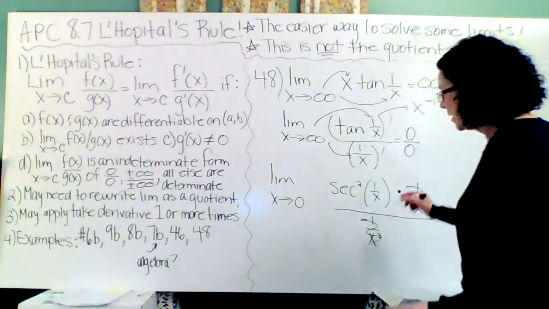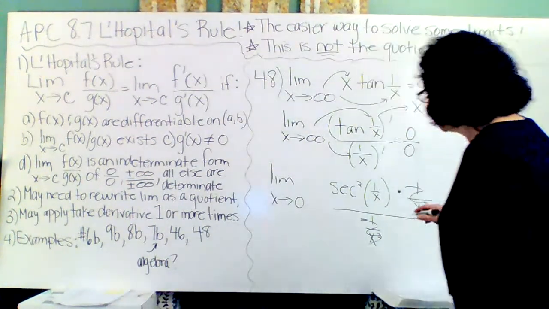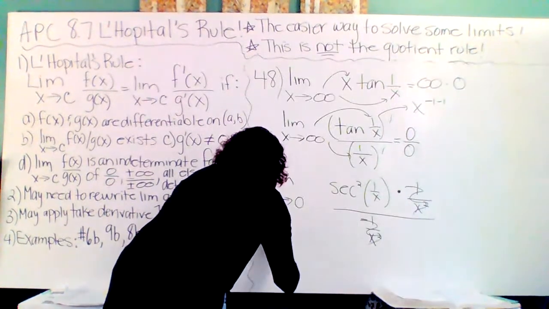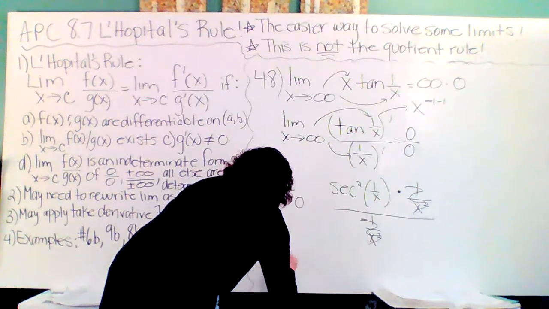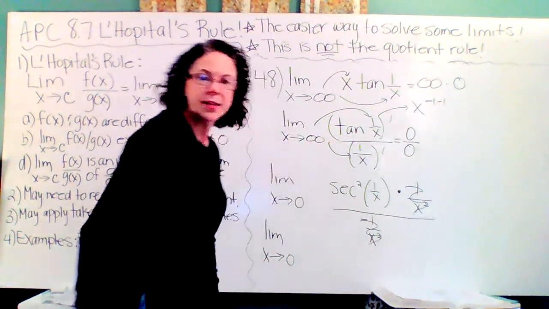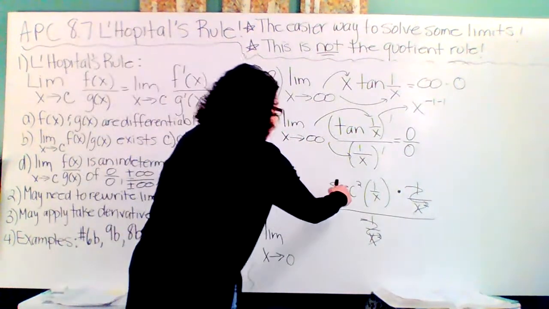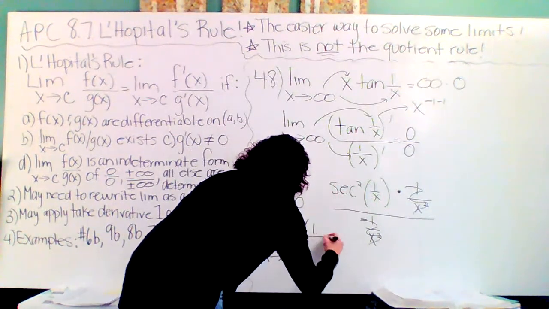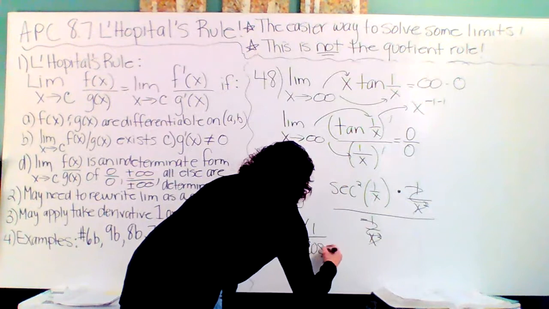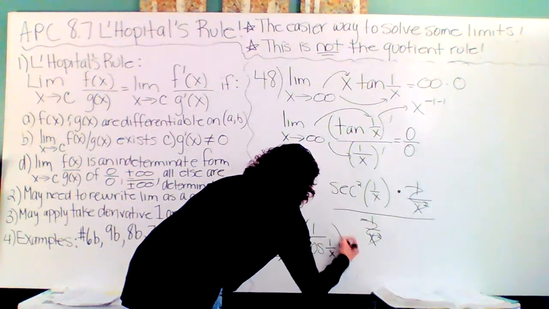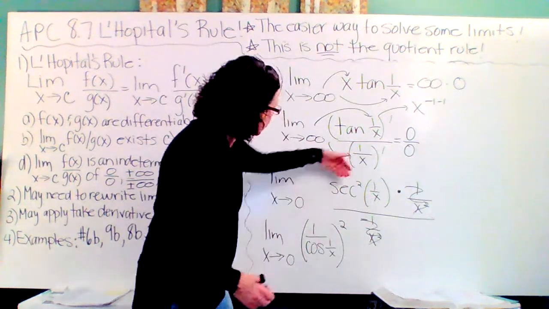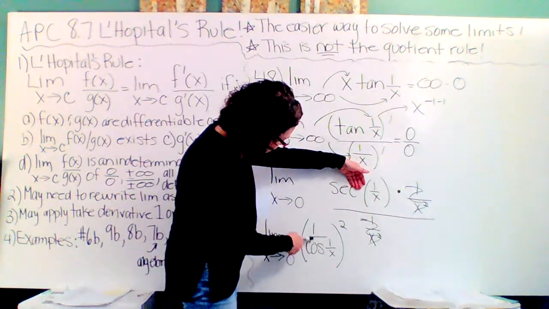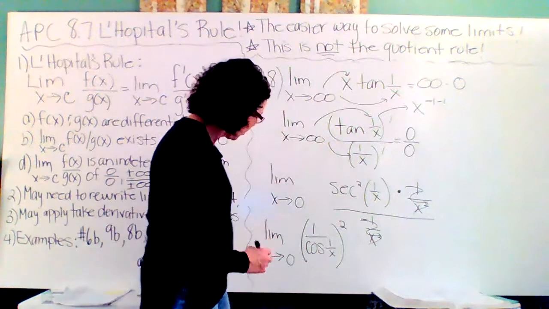I'm not super good with secants, so I'll write the limit as x approaches 0. Secant, I'm going to write as 1 over cosine. My angle is 1 over x, and it's being squared. So this is 1 over cosine of 1 over x, and then I square it.